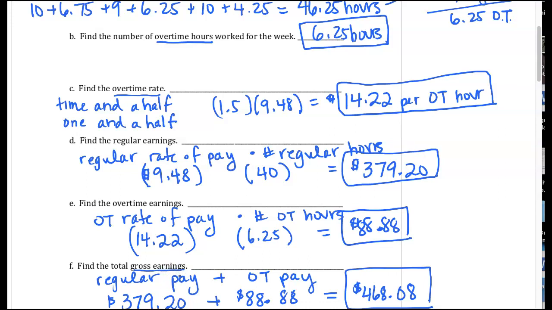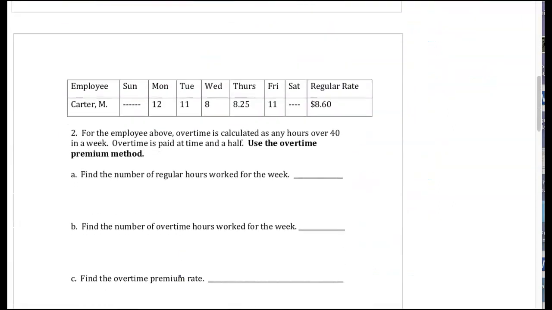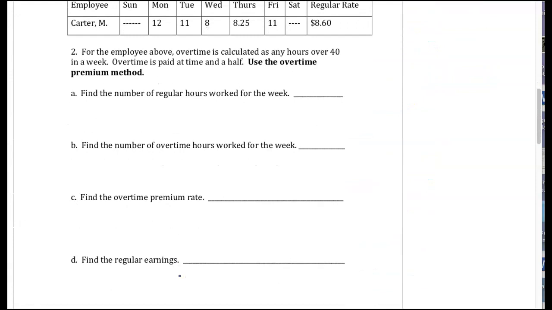In question 2, we're going to have a similar question where we're given some information about a worker, but it's just a slightly different way of calculating their gross earnings. Looking at question 2, it's a very similar start, where we have the week's worth of hours worked. Only this time they're highlighting that the employee is paid using the overtime premium method.